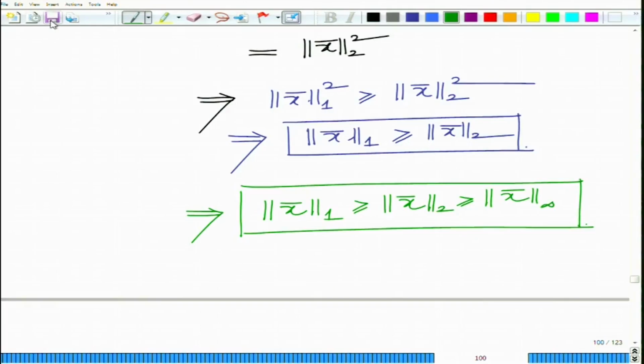The 1 norm is the sum of the magnitude values of the elements. The 2 norm is the Euclidean length of the vector in Euclidean space, and the infinity norm is the maximum value of the magnitudes of the different elements of the vector. So these are the different norms.